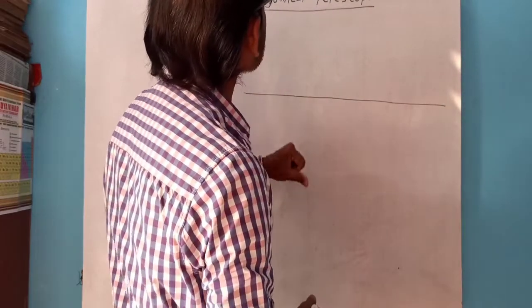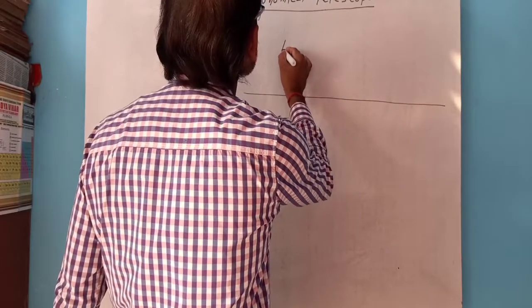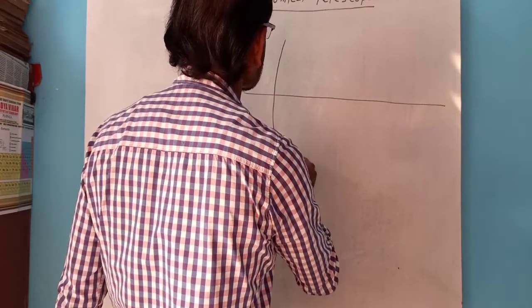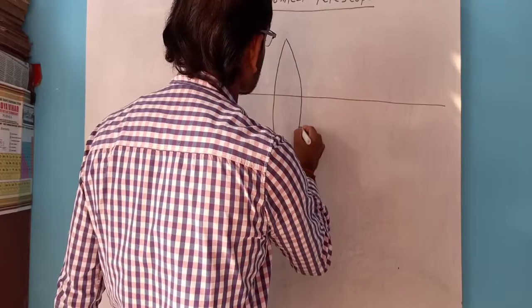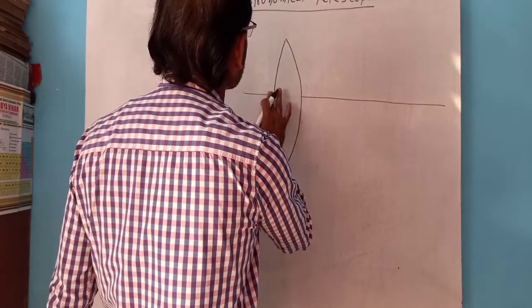In both lenses, the focal length of the objective is larger than that of the eyepiece.